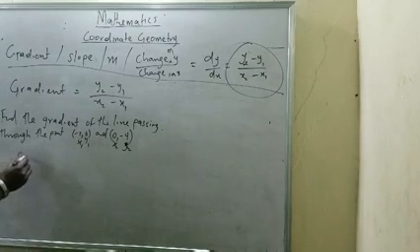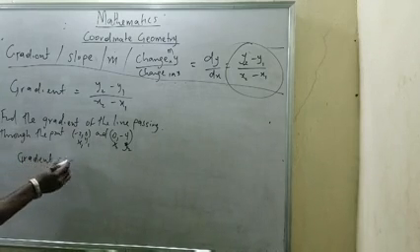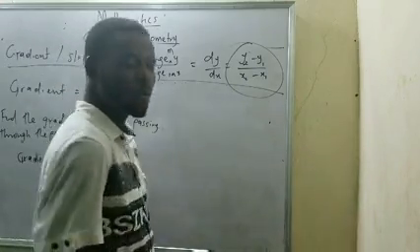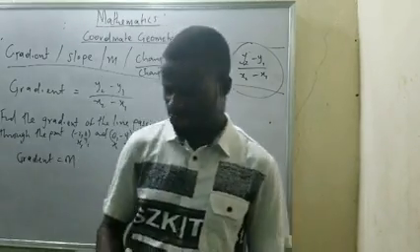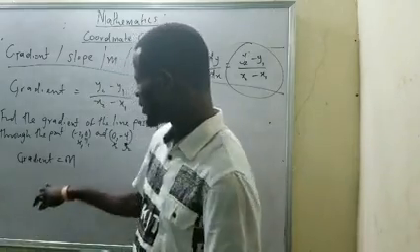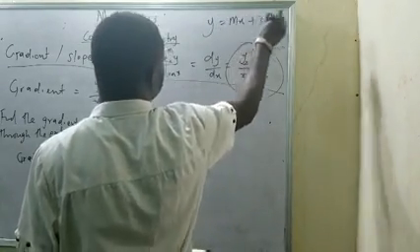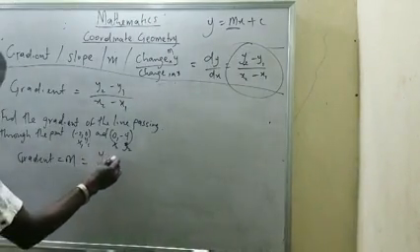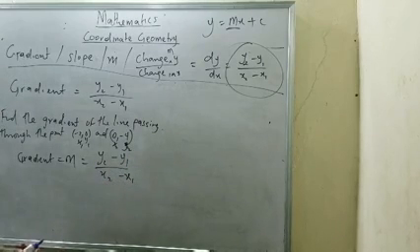I would like to call it m, because when we are talking about a straight line graph, a straight line equation, we'll be talking about y = mx + c. The gradient m will be equal to y2 minus y1 all over x2 minus x1. That is my gradient.